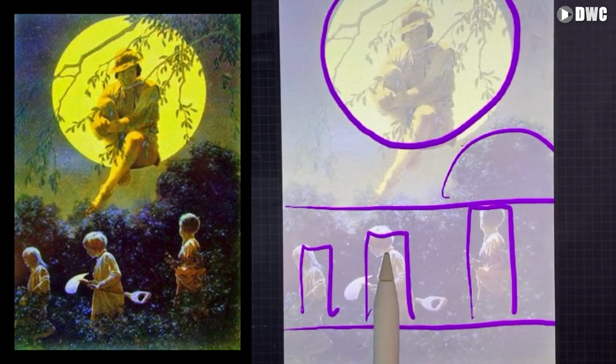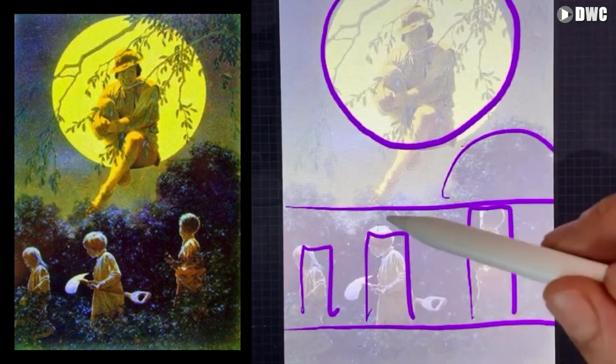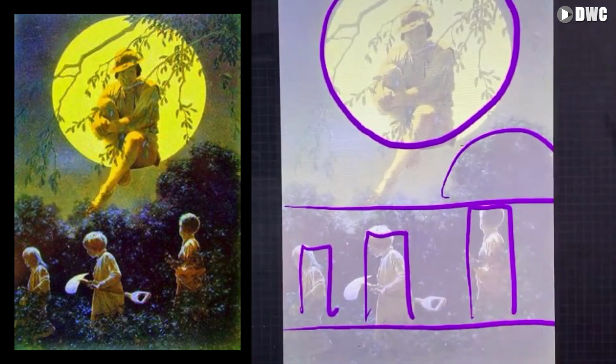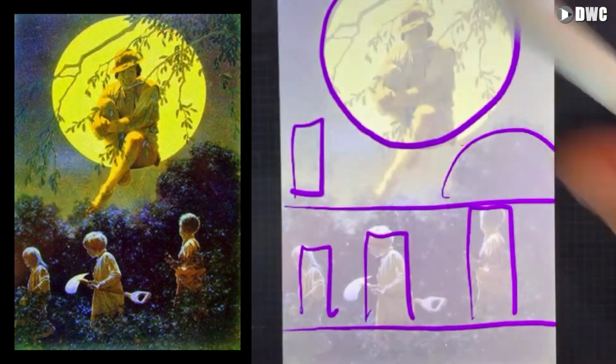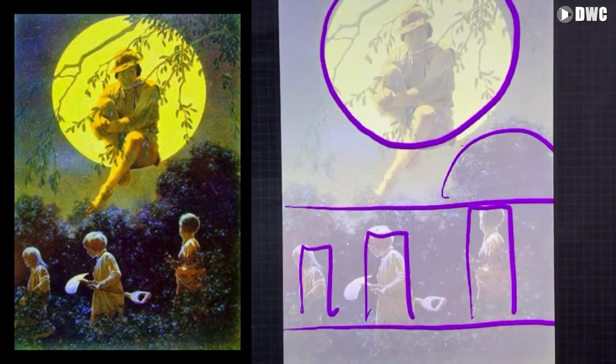The children are upright, pretty straight, their arms are tucked in. When I see upright figures without much movement, they're just standing straight. It's essentially a vertical rectangle, which creates a much different feeling than a horizontal rectangle.